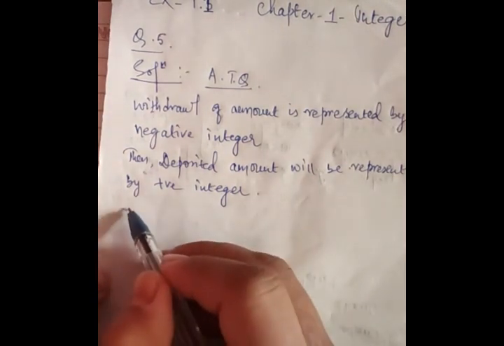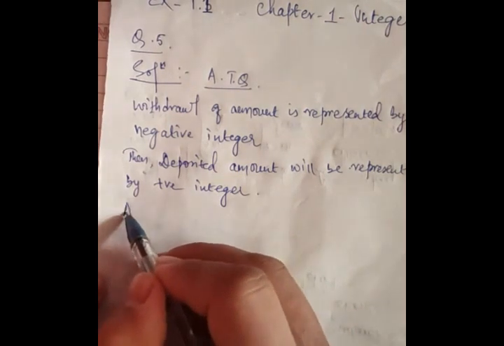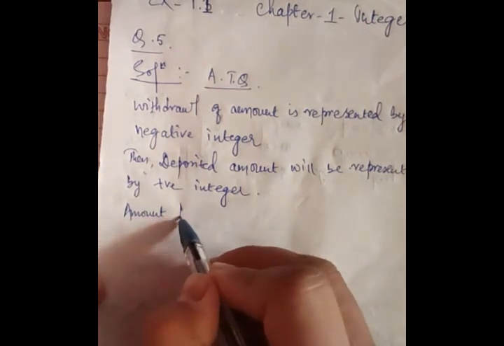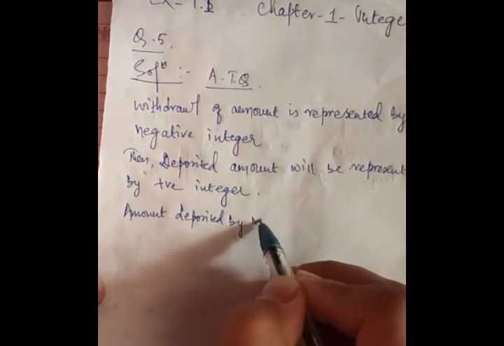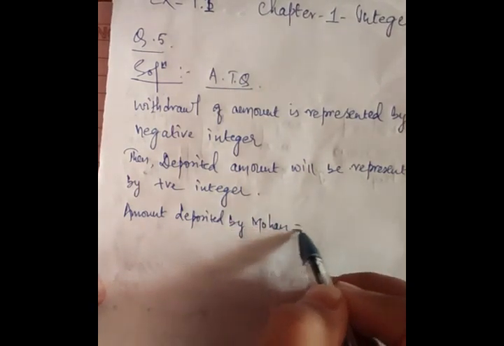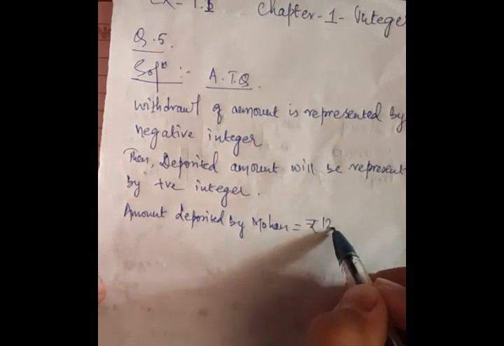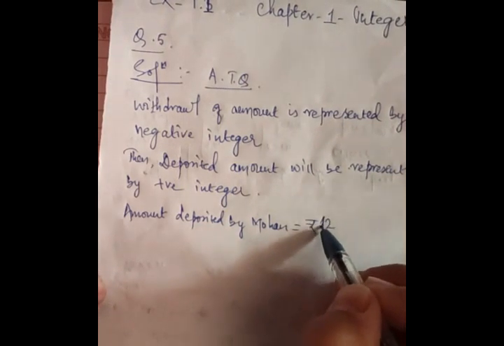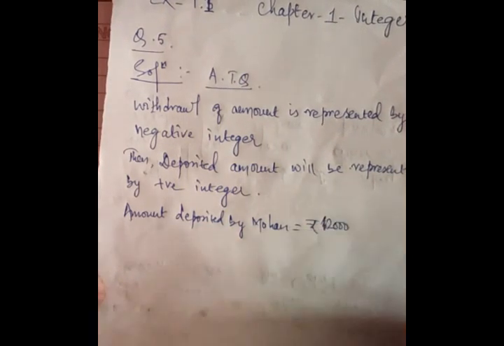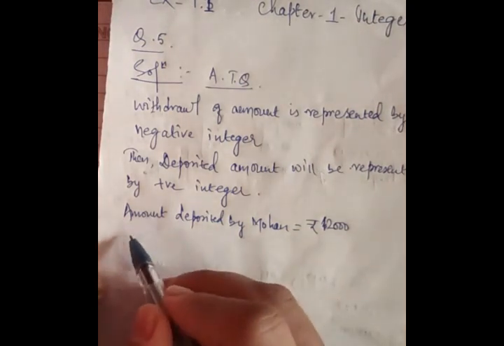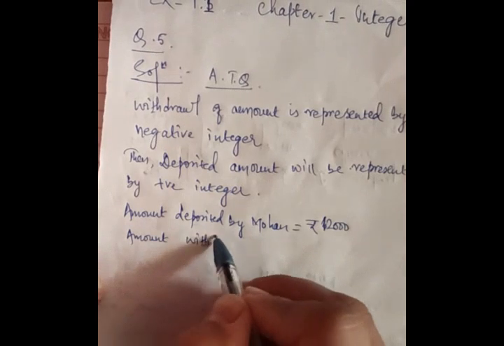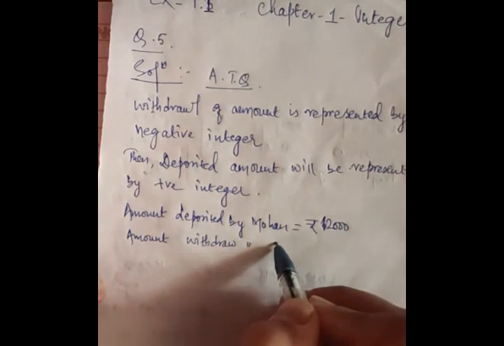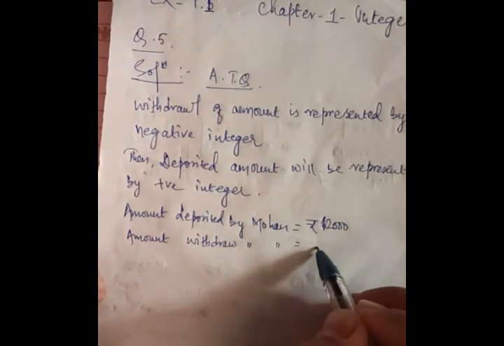So from the question we can write: amount deposited by Mohan is equal to rupees 2000, and amount withdrawn by Mohan is equal to how much?